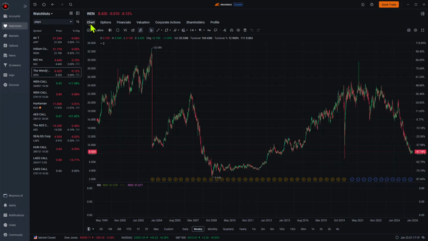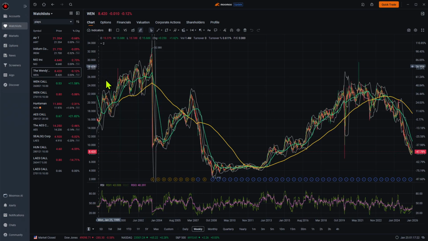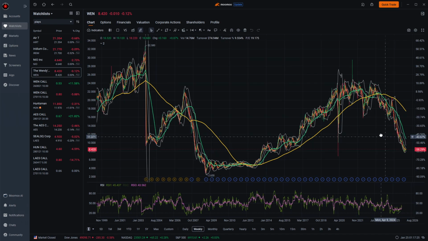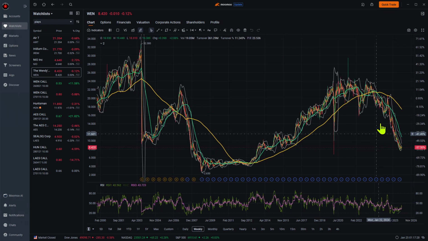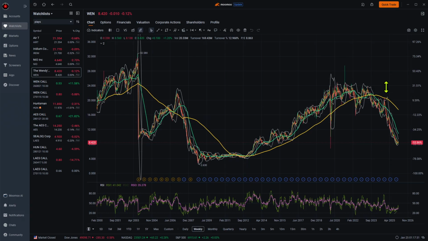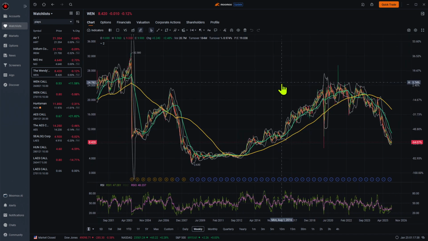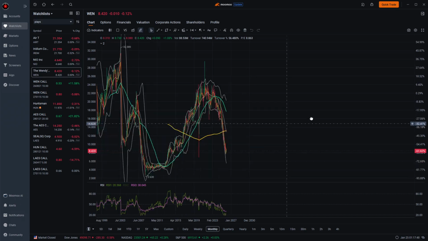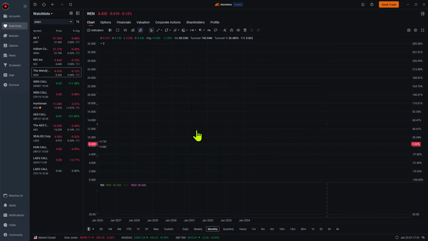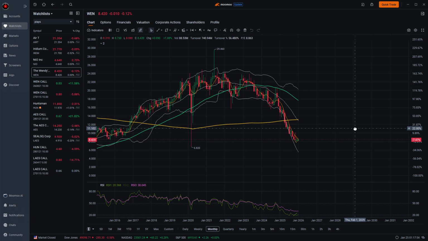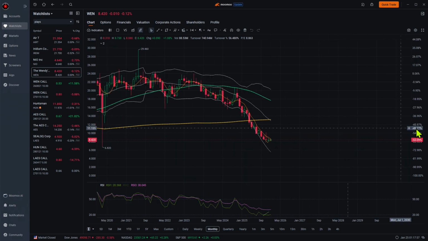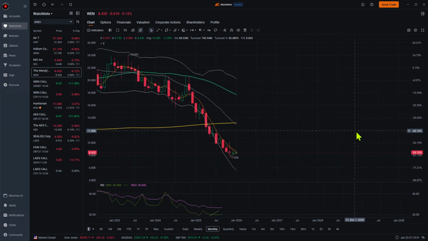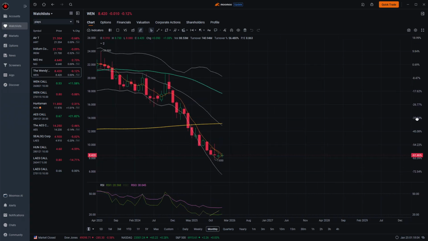Wendy's, I'm waiting for that big spike. Wow, this looks really good on a weekly. I didn't even look at this on a weekly. Look at that. That's just turning up on a monthly. Everybody's going to run out and get their Goya burgers.